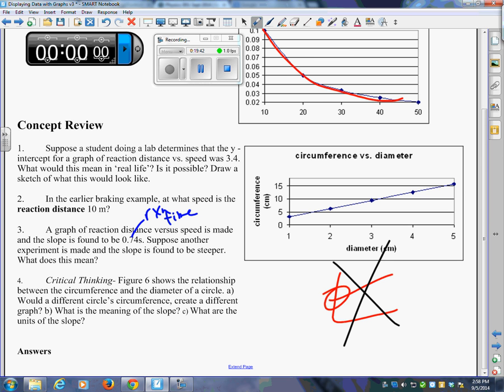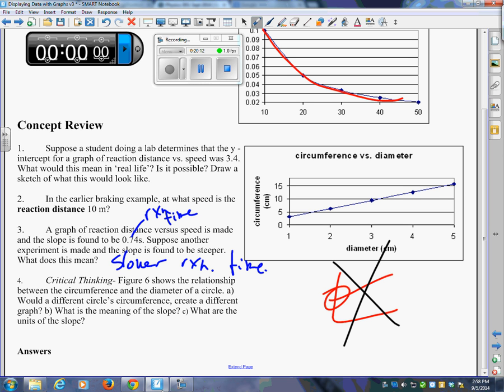Steeper means bigger number or smaller number? Bigger number. Bigger reaction time means slower. Maybe they're on their phone while driving. They've got a slower reaction time.